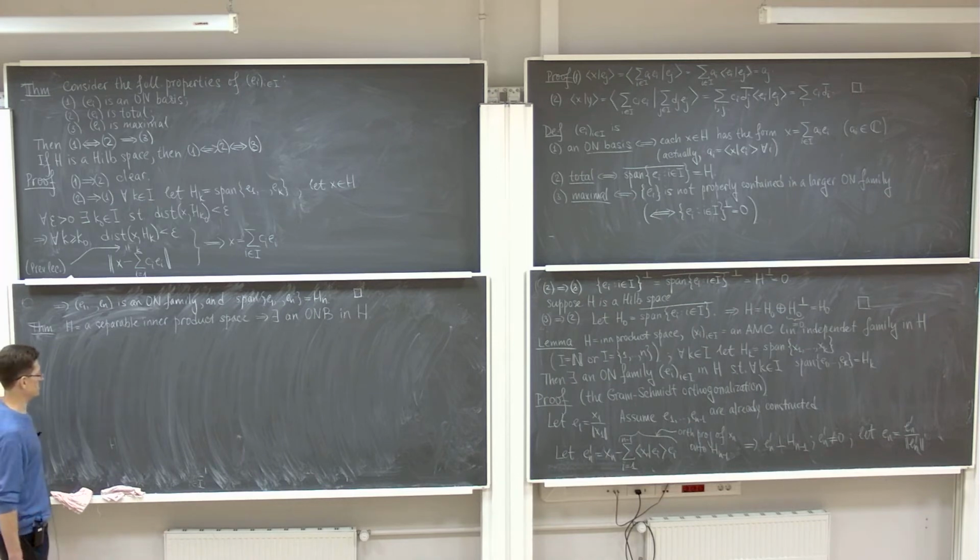Okay, let's now prove this result. Well, since H is separable, we can always find a total linearly independent family.